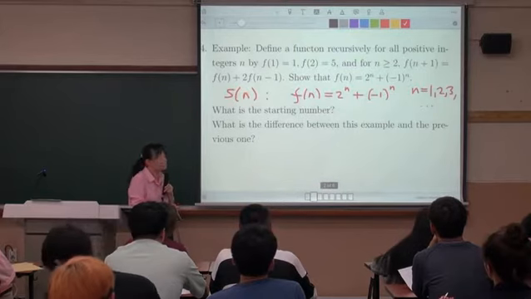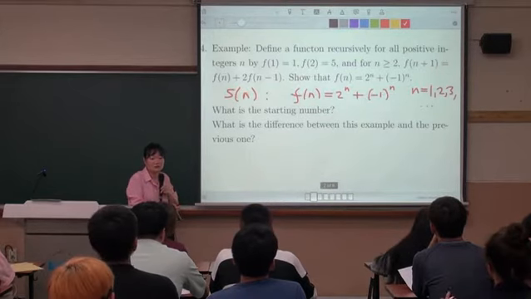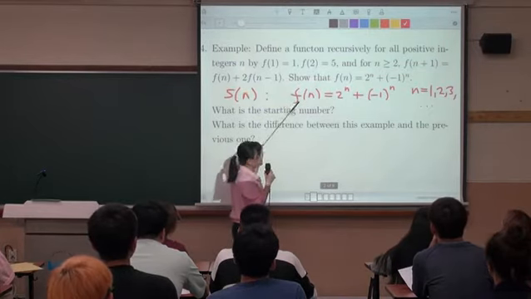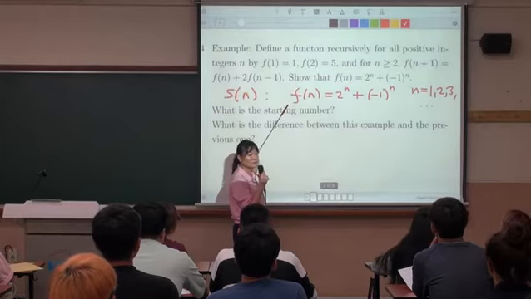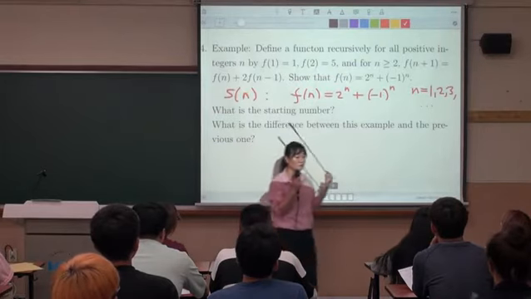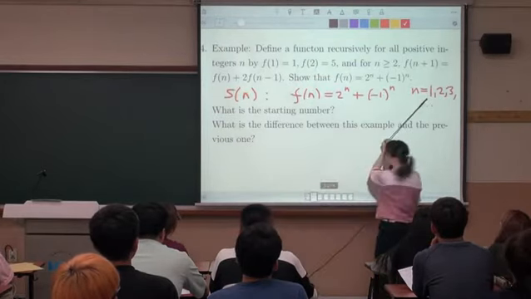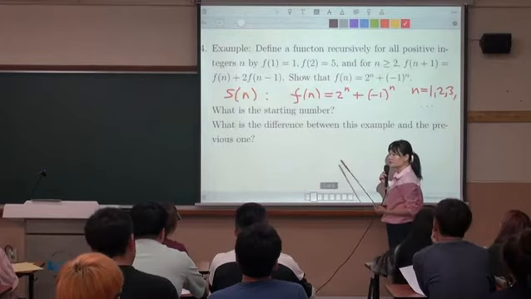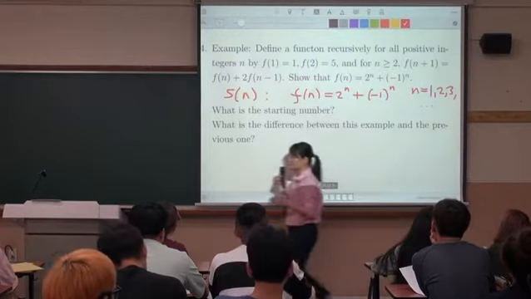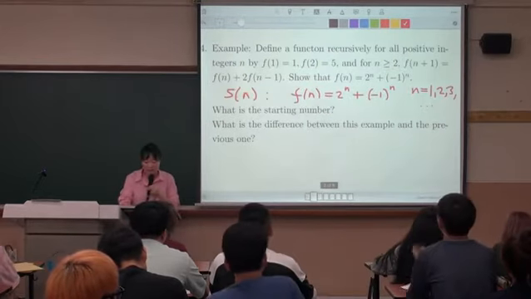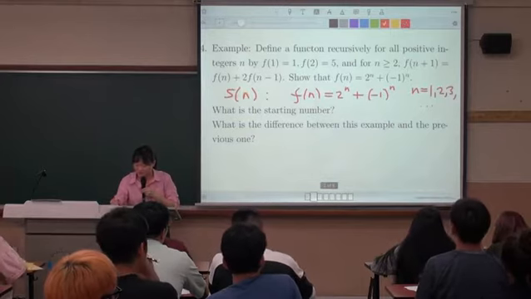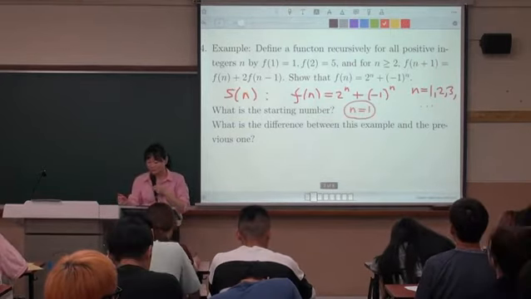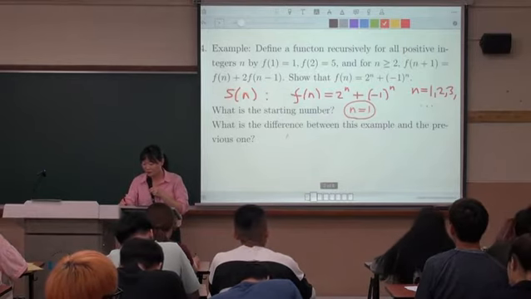So this is the statement to show. What's the starting number for this S of n? 1. It starts from 1, right? So the starting number is 1. So we have to show 1 is in the set.